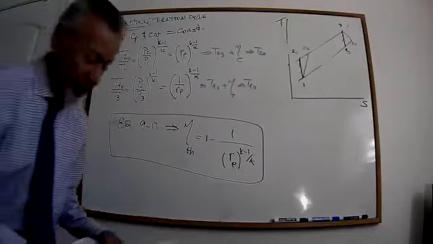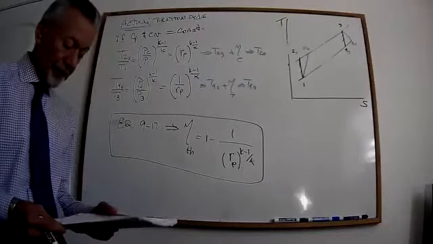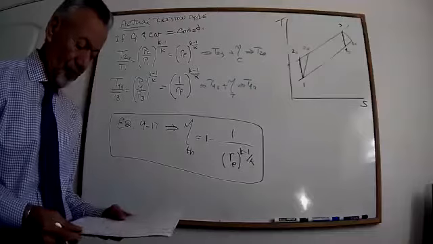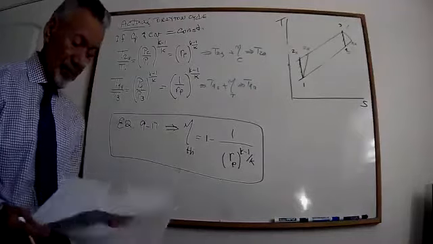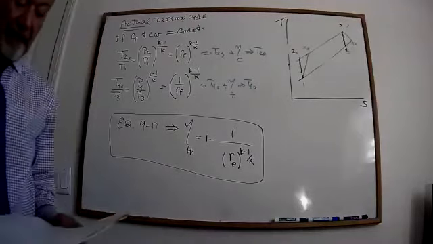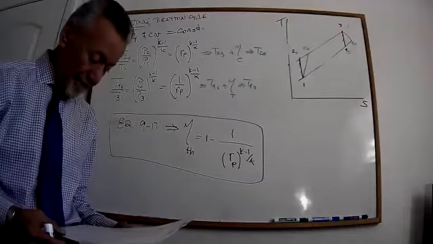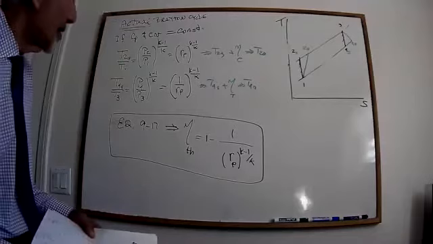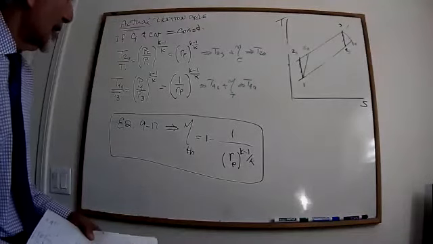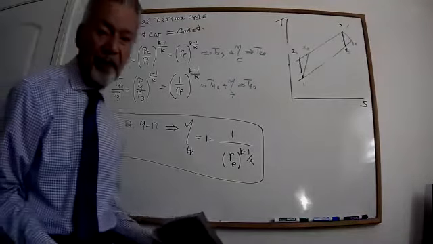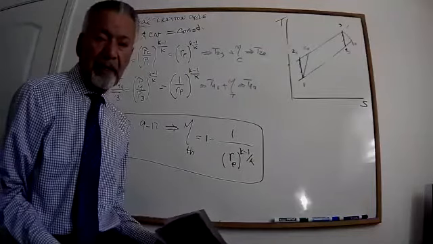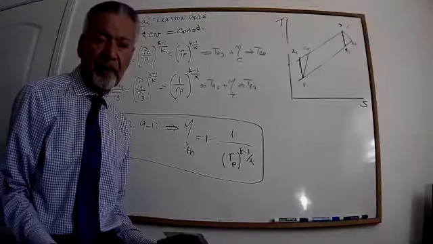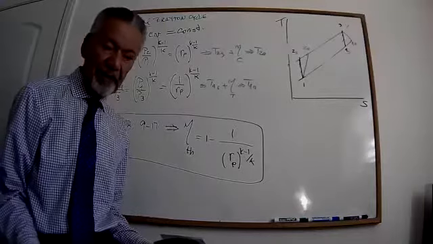Okay, any questions? Professor, can you say what the k value is one more time? What value? The k? The k is always 1.4 for air. Thank you. It's in Table A-2 at the end of your textbook.